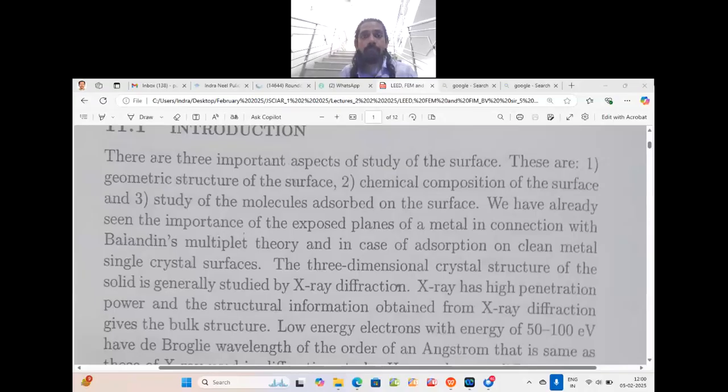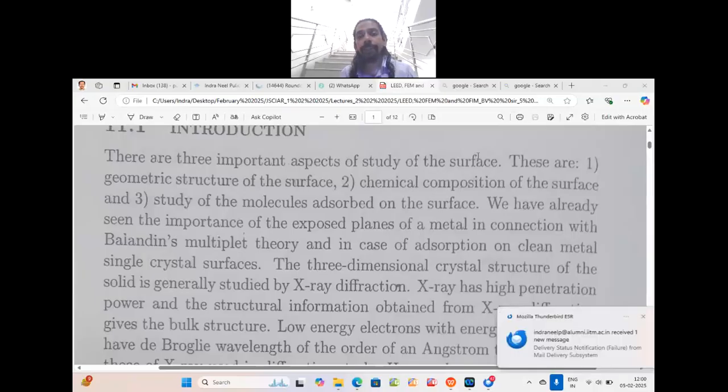Moving forward, today, as I promised, dear friends, I'll try to move as much forward as possible related to LEED, low energy electron diffraction. Of course, electron diffraction is very important, and these days in every paper we see a transmission electron microscopic image in combination with electron diffraction.